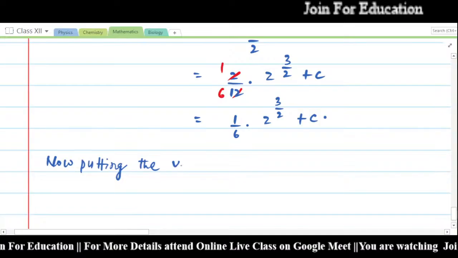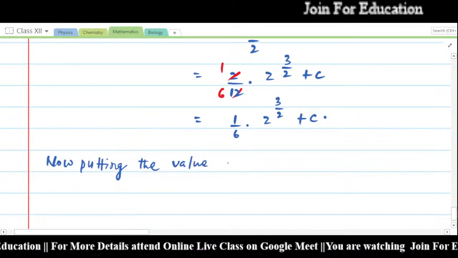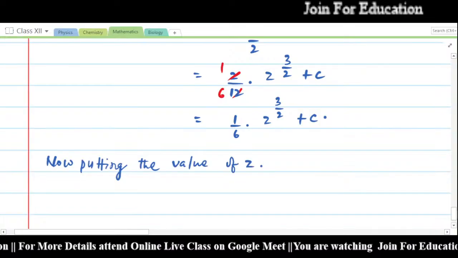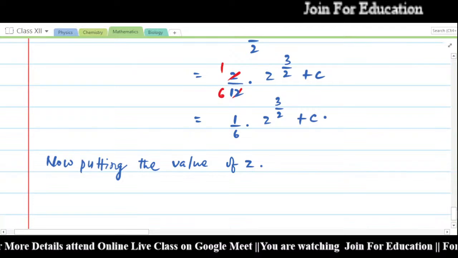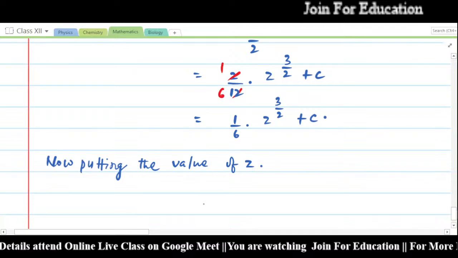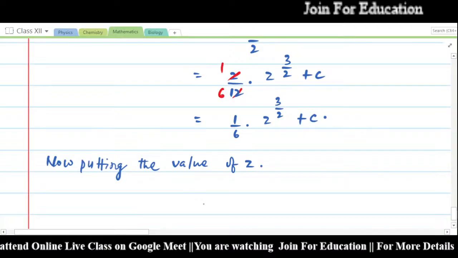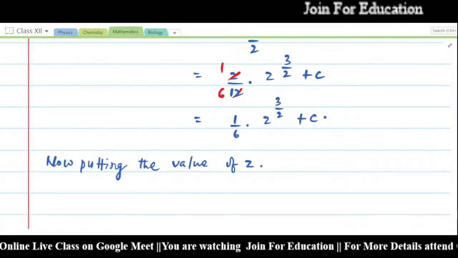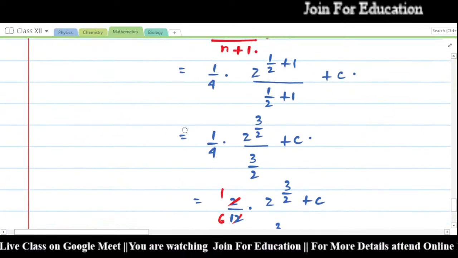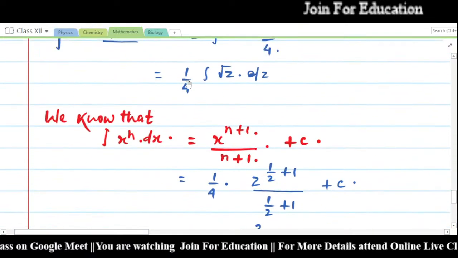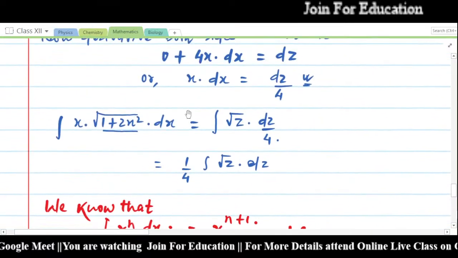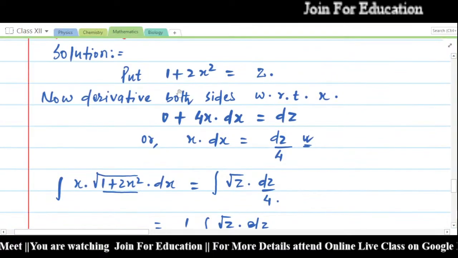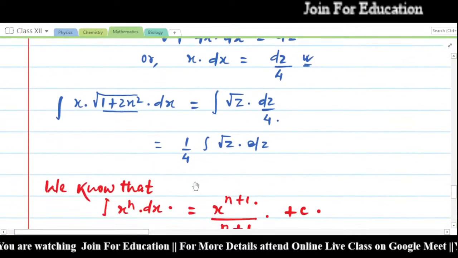Here the value of z is z equal to 1 plus 2x square.